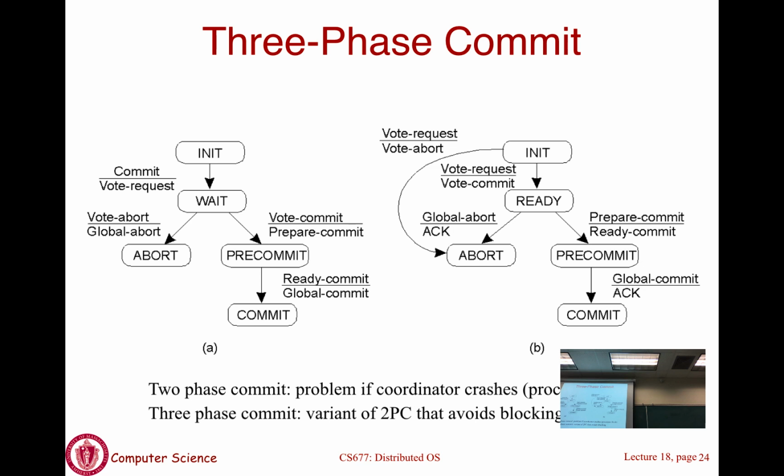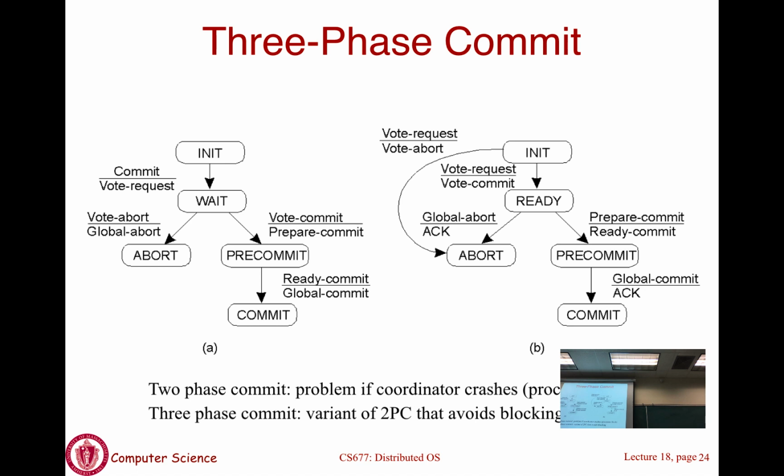In this case, the remaining nodes can still make a transition to the abort state, and that's still going to be safe. The reason is that no one has heard from the coordinator. It has gotten the votes, and the worst that could have happened is it told itself, I'm going to commit, and put itself in a pre-commit state, but not told anyone else.